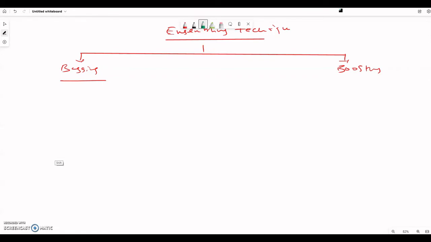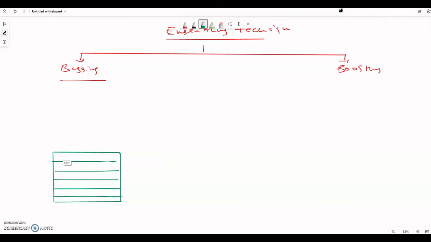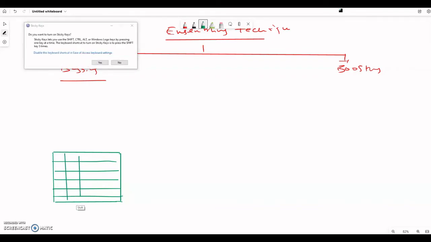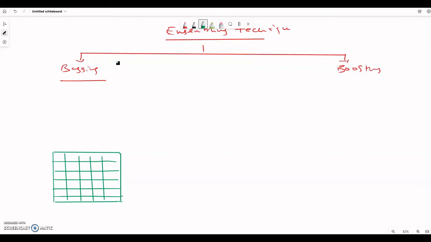Suppose we have a data set here with a number of rows and columns. Let us say we have many rows, and we also have columns. So we have this as our data set. Now, here I would like to use a model M1. Let us say our model M1 is logistic regression.